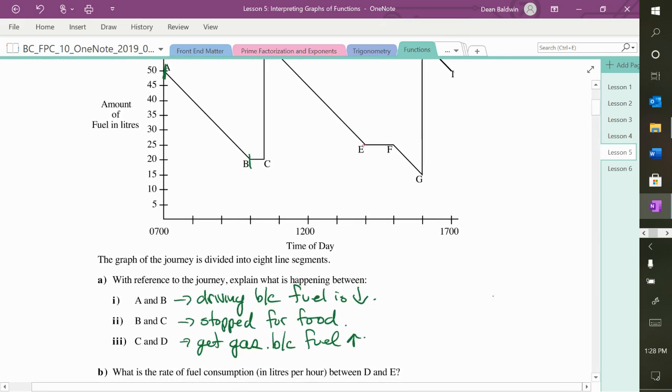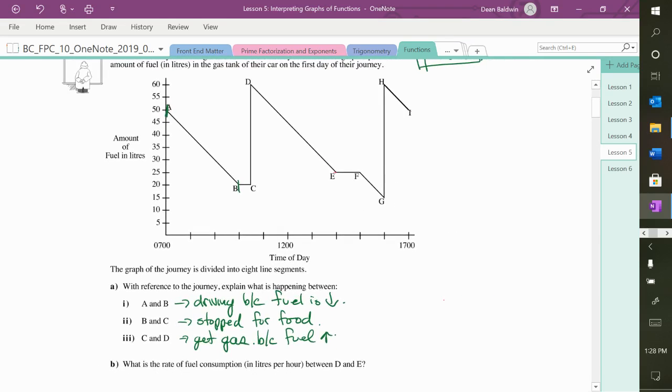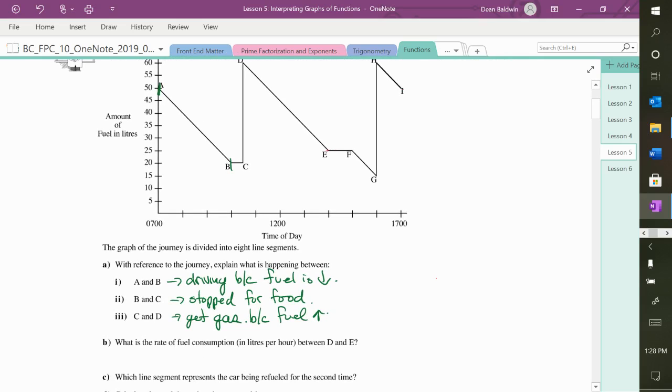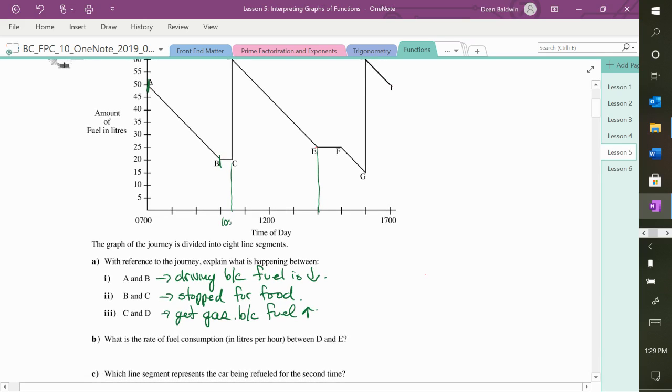Now, what is the rate of fuel consumption between D and E? In liters per hour. So between D and E, the time at D is 10:30 and at E it's 2 o'clock.